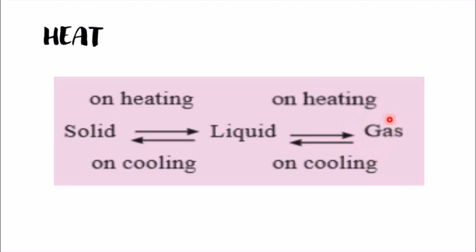On the other hand, when the substance is cooled or when it loses the gained heat, it changes from gaseous form to liquid form and from liquid form to solid form. So this means heat plays an important role in the change of the state.